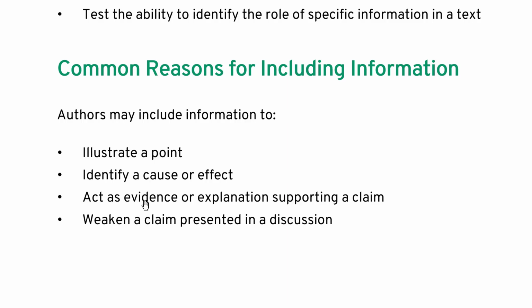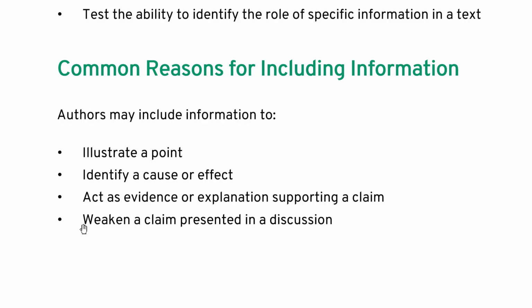The third reason could be to act as evidence or explanation supporting a claim. That's the next thing. So, acting as evidence, it is providing evidence, or that's the reason actually to state a supporting point or to support an idea, support a claim.